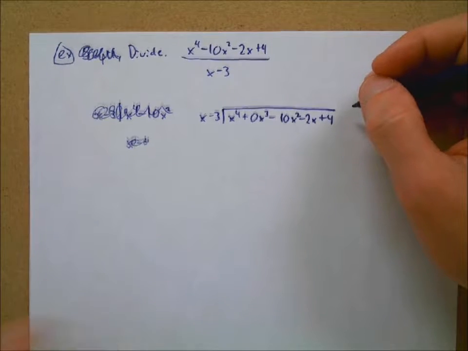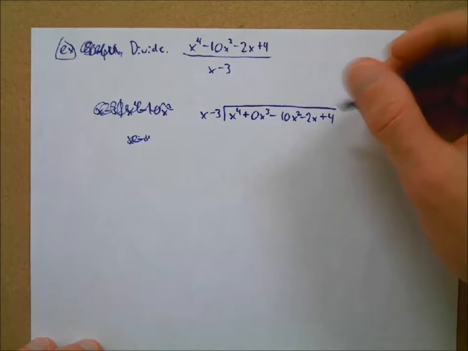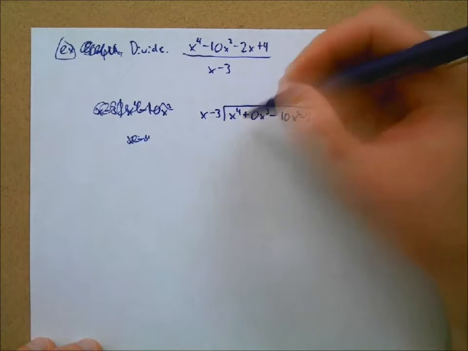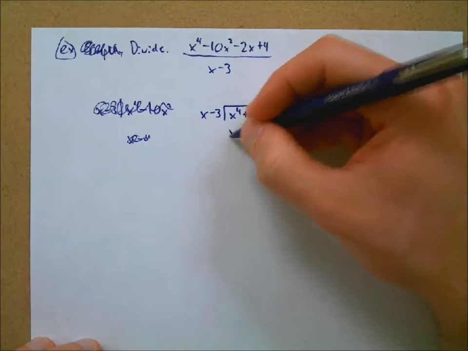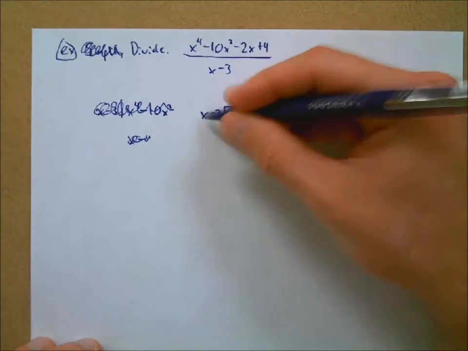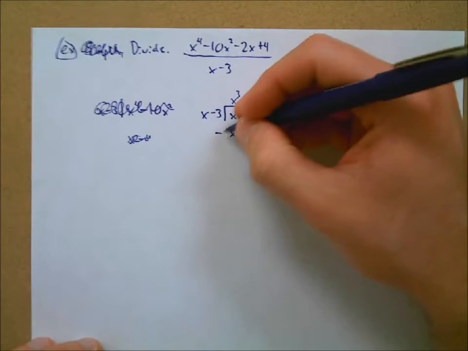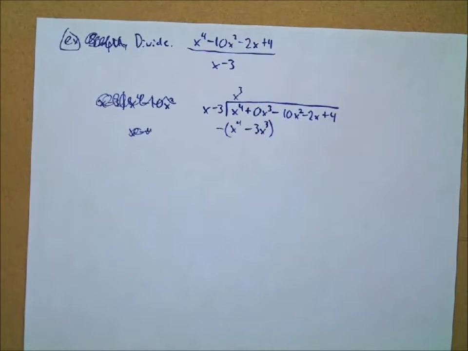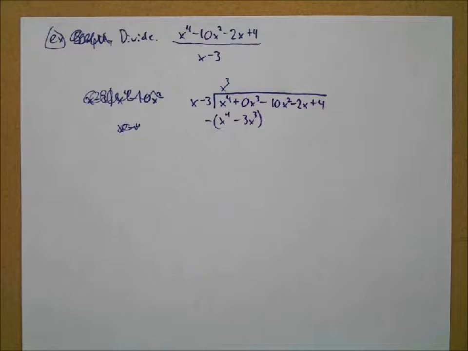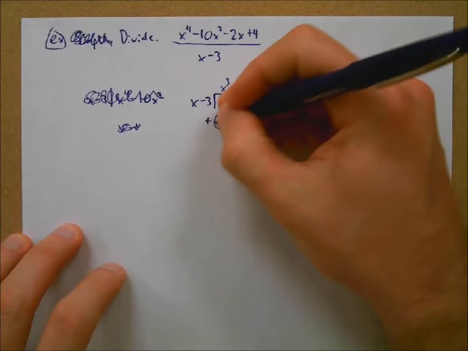Okay, so same question here. What times x gives us x to the 4th? x to the 3rd. And so x to the 3rd times x gives us x to the 4th minus 3x cubed. We'll subtract that quantity. But again, instead of subtracting, add the opposite.